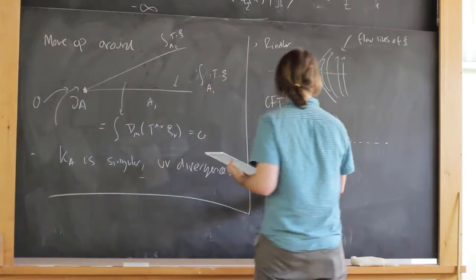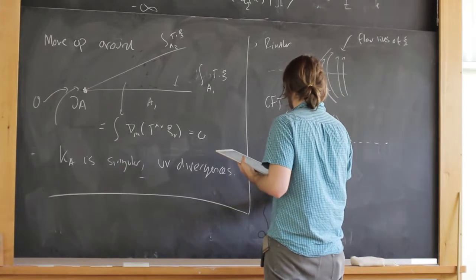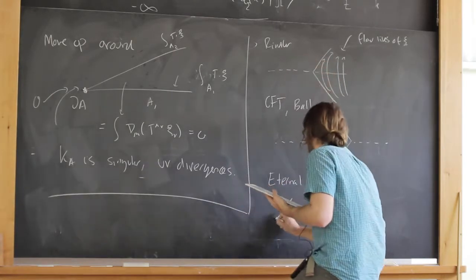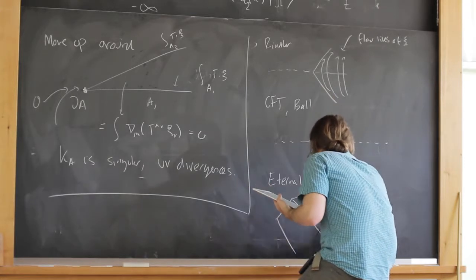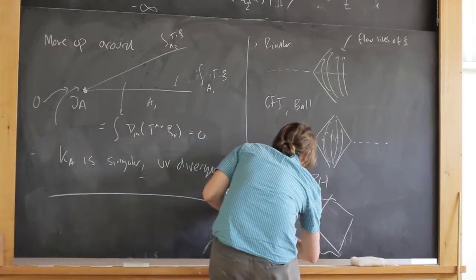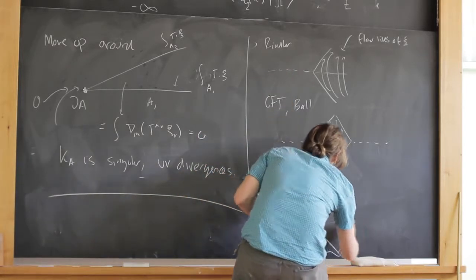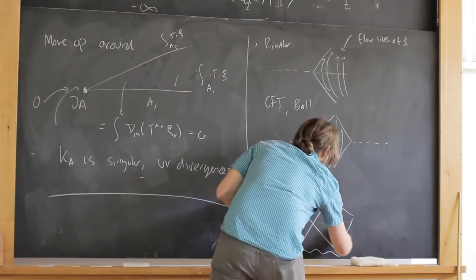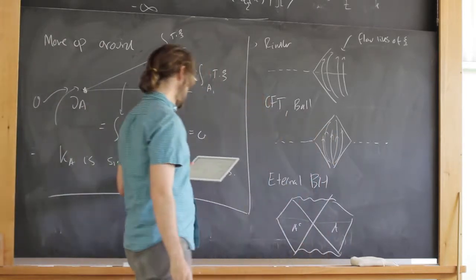Then another useful case is the eternal black hole, which has a Penrose diagram like this. I'm just thinking about doing quantum fields on this background spacetime, and I split it into A and A complement.